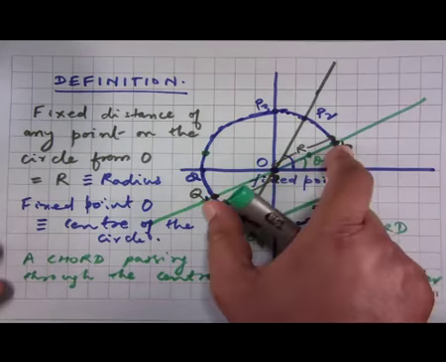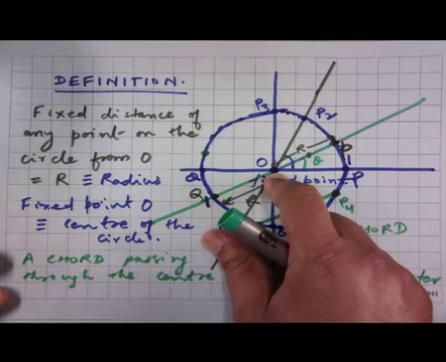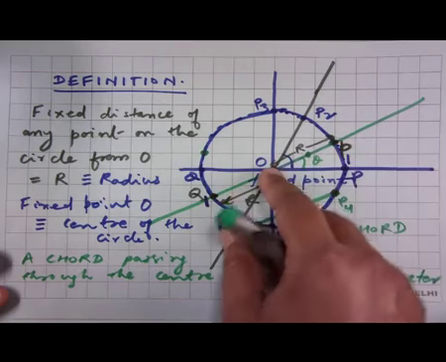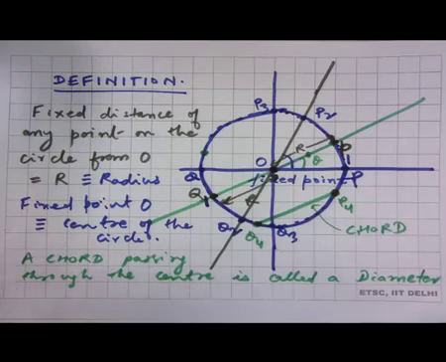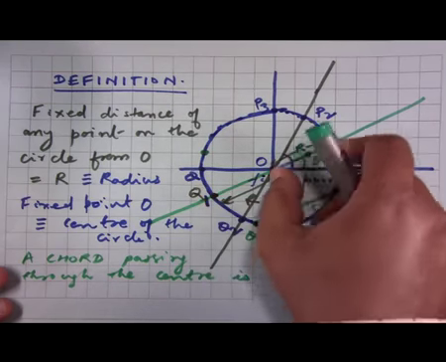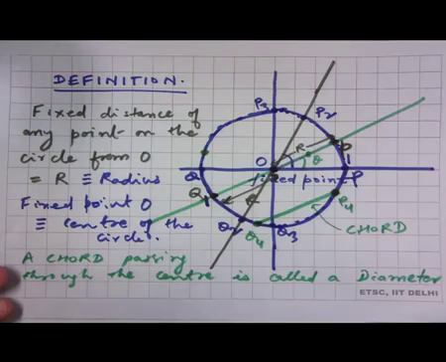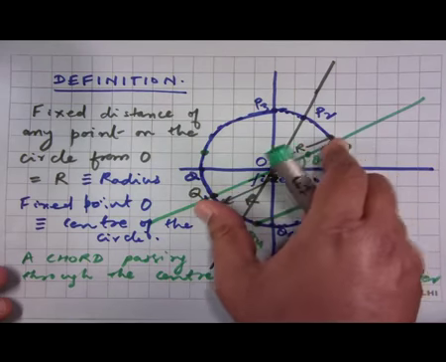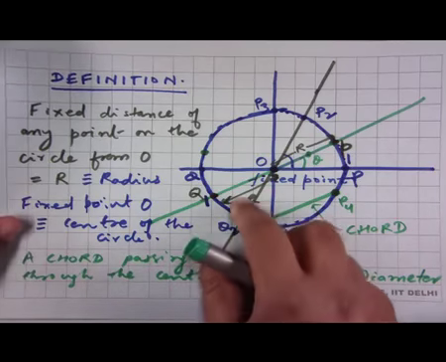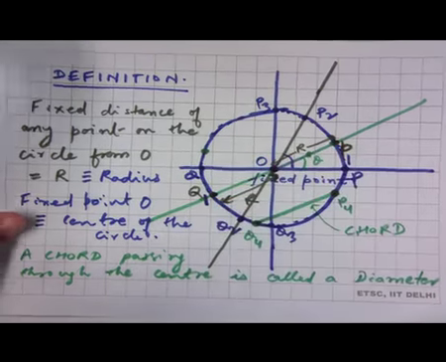For example, in the case of P1 Q1, because a diameter passes through the center, this length P1 Q1 is P1 O plus O Q1, because P1 Q1 is a straight line, and we know that both P1 O and O Q1 are equal to R, and therefore, P1 Q1 is 2 times R. So, from that we see that diameter is always twice the radius.